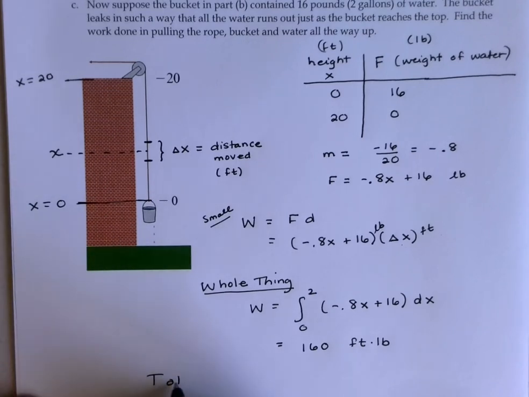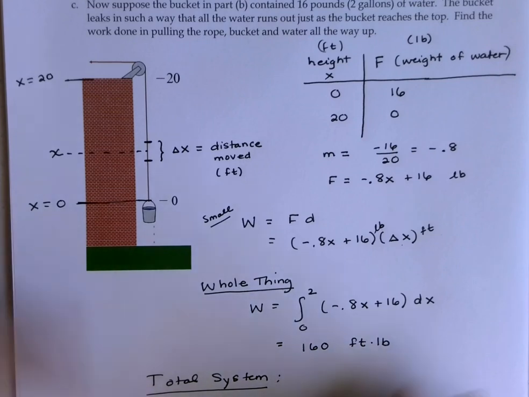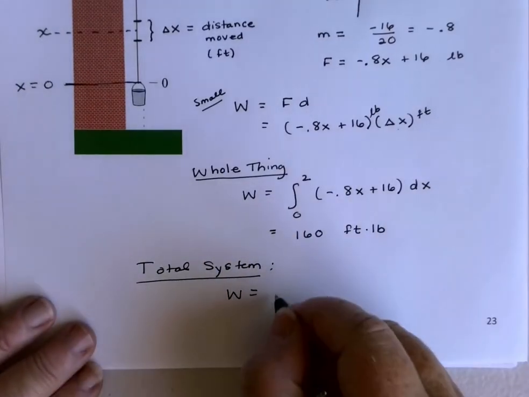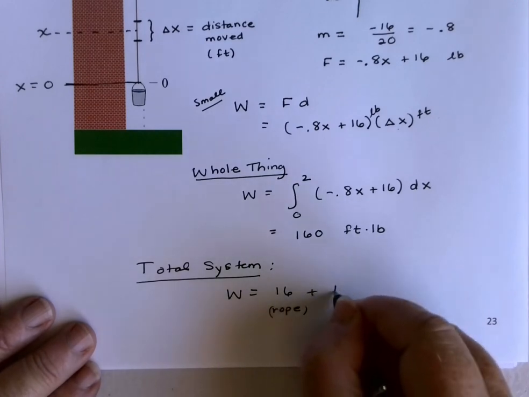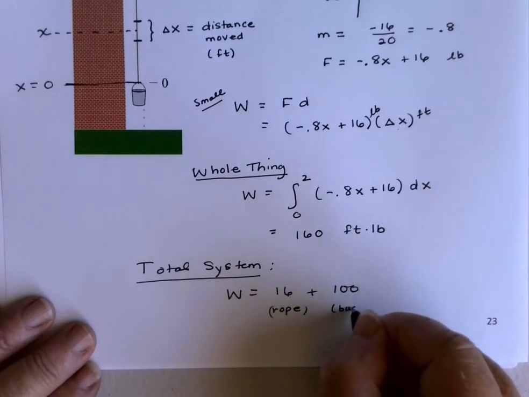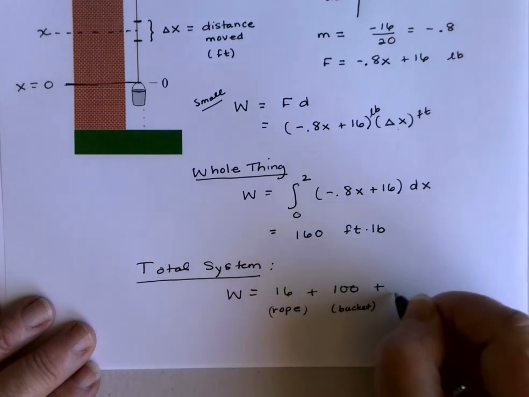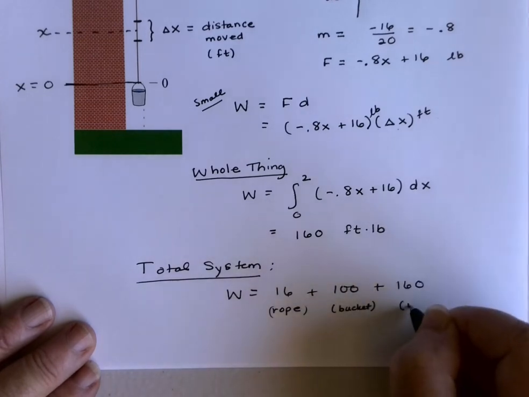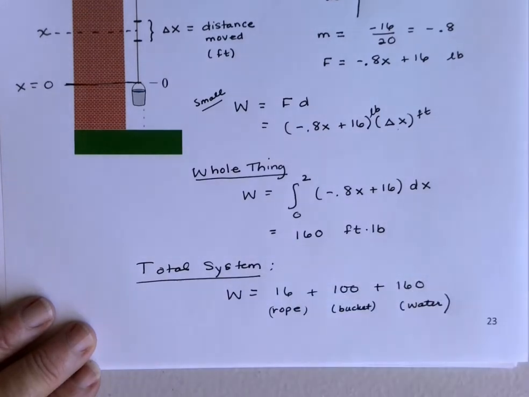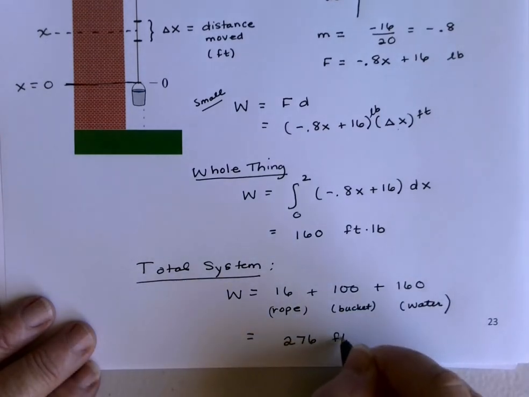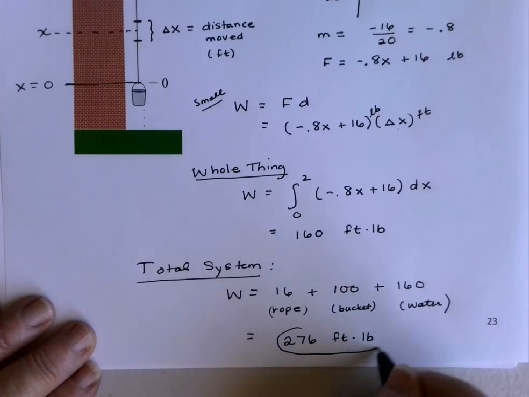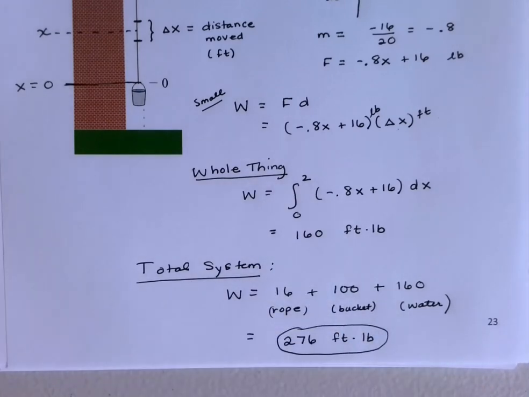Okay. So ultimately, to lift the rope, the bucket itself, and the water that's steadily leaking out, the total work that we would have for this entire system, we're going to add up all the pieces: 16 foot-pounds for the rope, plus the 100 foot-pounds for the bucket, plus the 160 foot-pounds for the water, giving us a grand total of 276 foot-pounds of work to do this job.